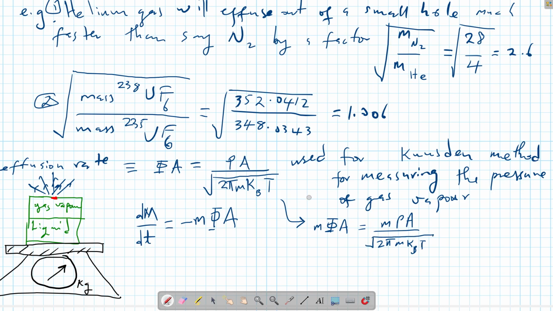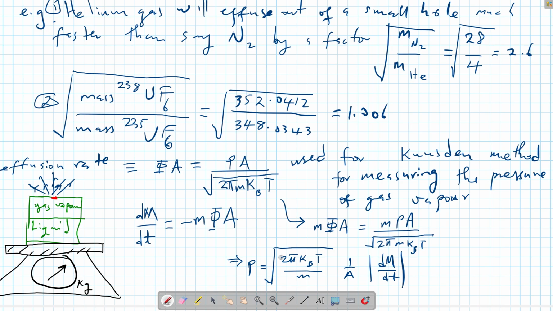And from here one can compute the pressure to be equal to square root of 2 pi kBT divided by m, times 1 over A times absolute value of dm by dt.